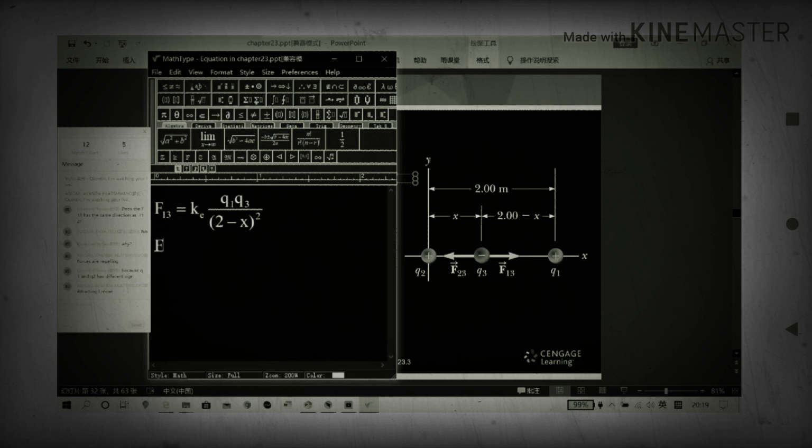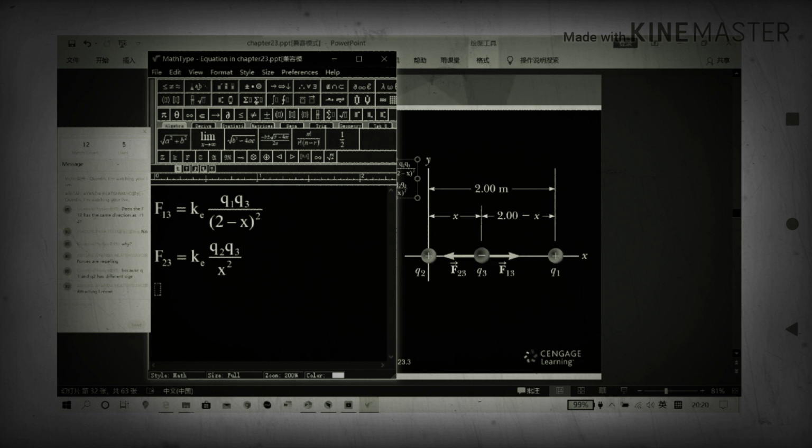And what's the magnitude of F23? Equals KE Q2 times Q3, over x squared.